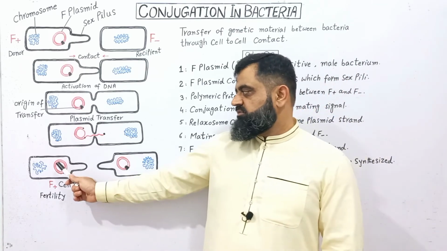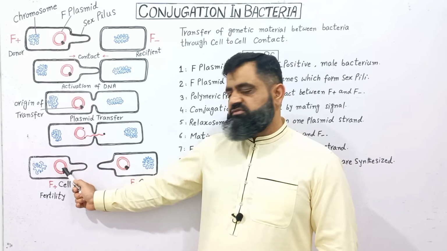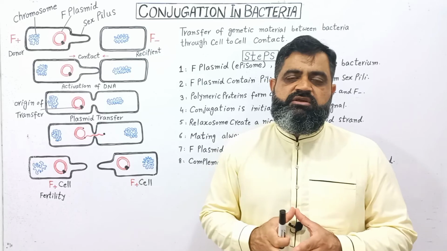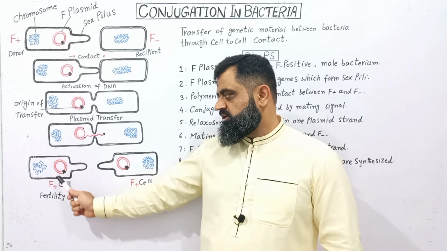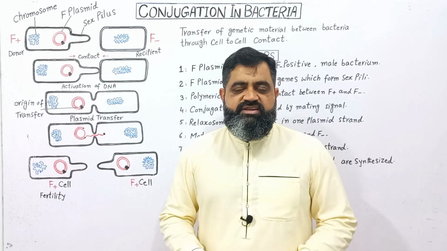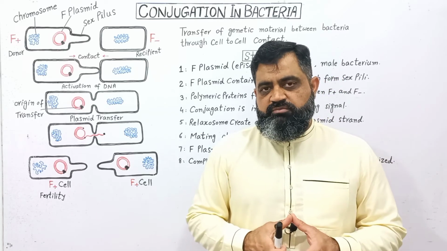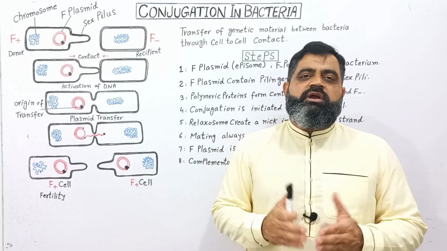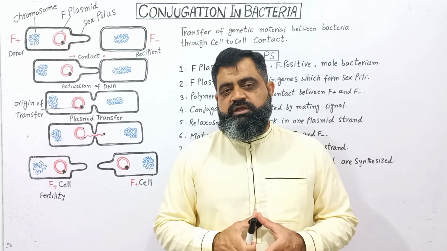In the donor bacterium, because only a single strand was left, a new complementary strand is also synthesized, and it will again become an F positive fertility cell. Now these two bacteria can reproduce by binary fission, and can also do conjugation with another F negative bacterium.